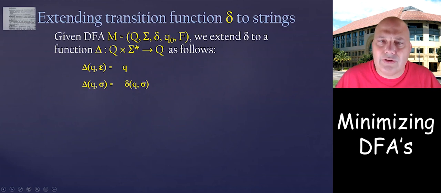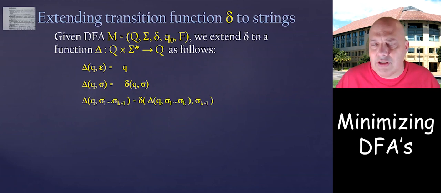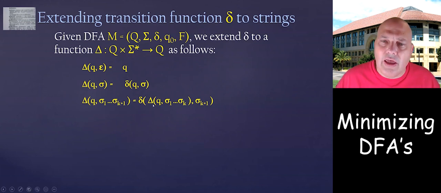And now let's consider what happens when you look at a longer string. And this definition will be a recursive definition. So given a state Q, if you read the symbols sigma 1 up to sigma k plus 1, it is the state you reach from delta of Q and sigma 1 up to sigma k when you read sigma k plus 1.